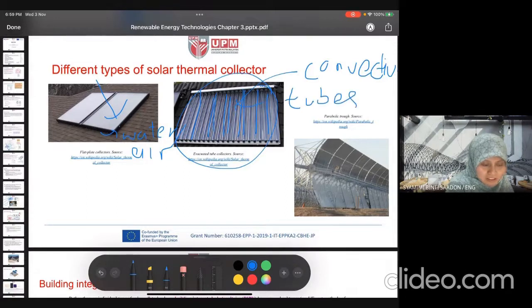The tube, there are many tubes. Imagine in each tube there is water flowing through the tube. So there the convection heat transfer will happen. And this is a parabolic collector.